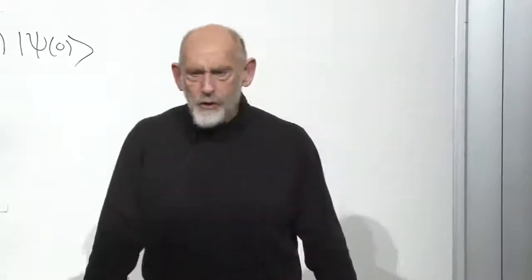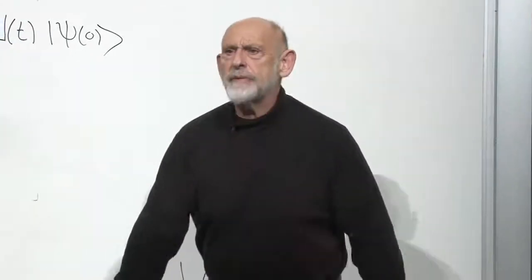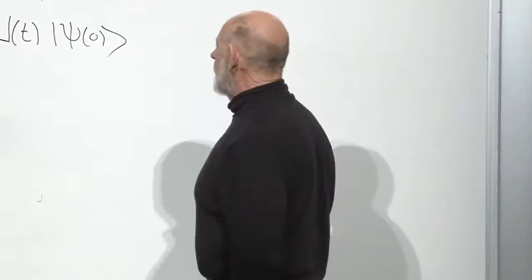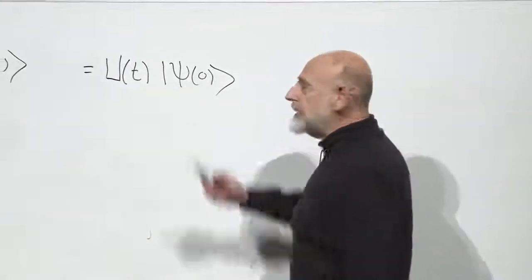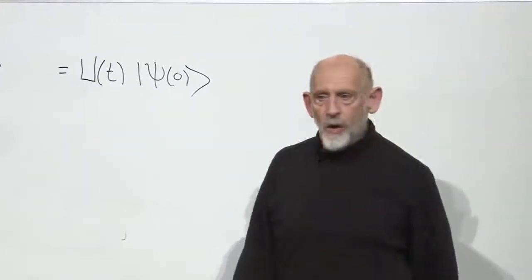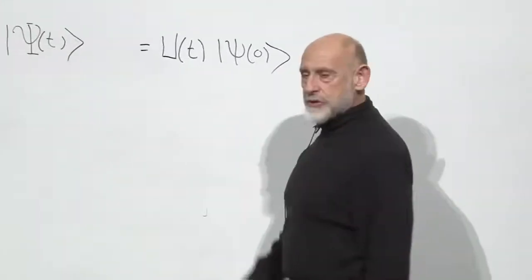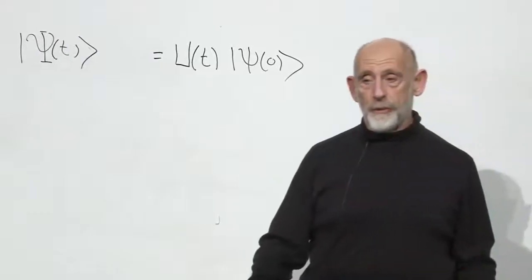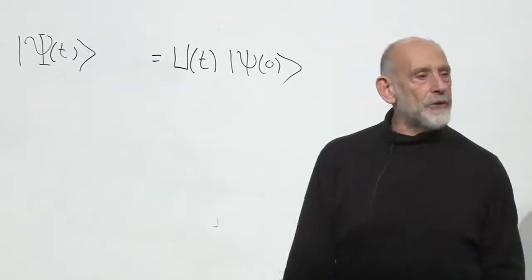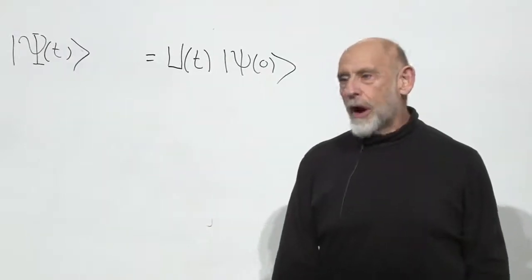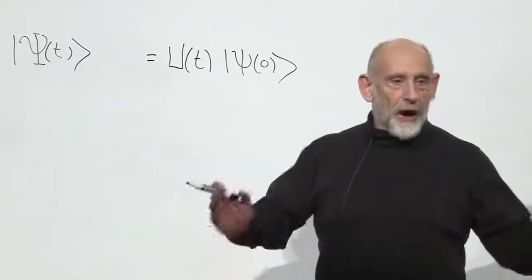You could try to ask, what would happen if you made a more general hypothesis? For example, you might have the hypothesis that U depends on the initial state. Or you might have the hypothesis that U is an operation but not a linear operator, some other kind of operation. You can try it. You'll very shortly run into big troubles with all kinds of things. It's been tried, I guarantee you.